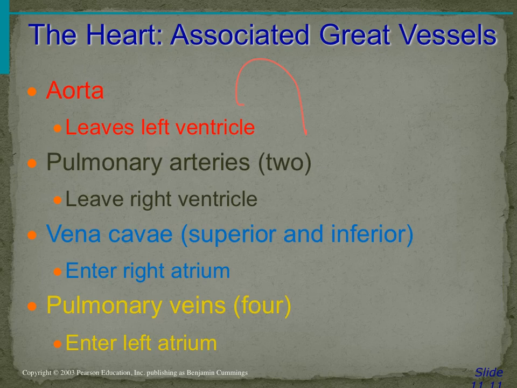There are the vena cavae, superior and inferior vena cava. So those bring blood in to the right atrium of the heart. So if we're talking blood flow entering the heart, blood's going to come from the vena cava into the right atrium, go into the right ventricle, and then leave through the pulmonary arteries, and then come back in through the 4 pulmonary veins to the left atrium.